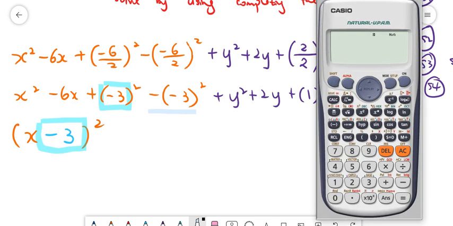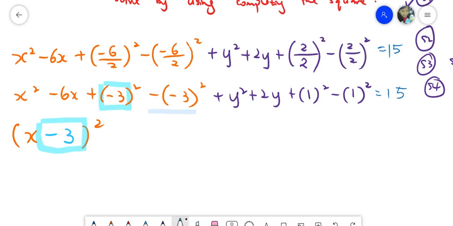So negative 3 squared is actually 9, right? So 9 multiply with negative, so here you have negative 9 here. Okay, negative 9.